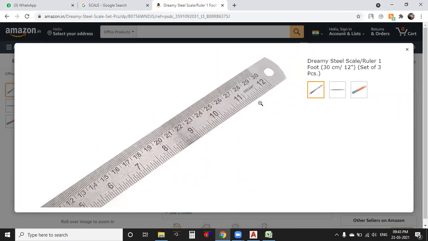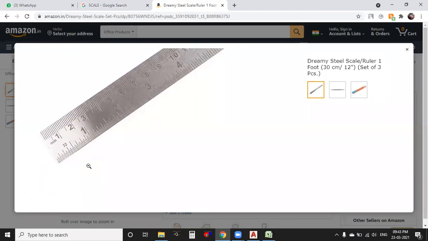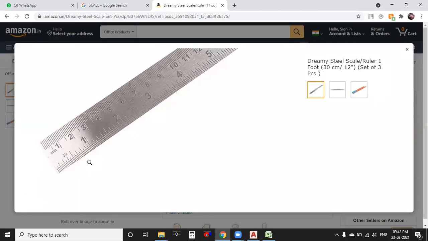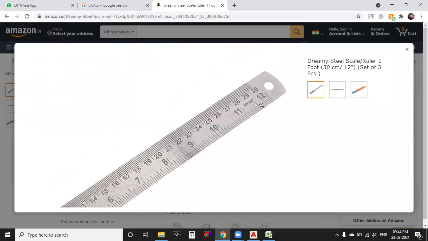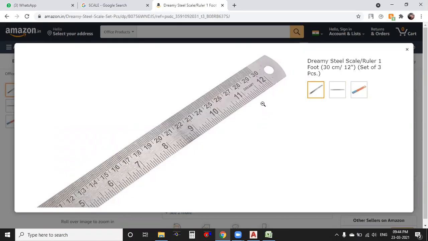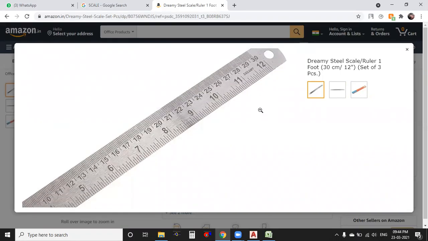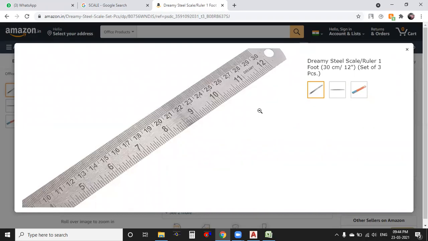This is in inches. 1 inch equals 25.4 millimeters. 1 foot equals 12 inches. 1 foot equals 304.8 millimeters. This is millimeters, inches, and feet.